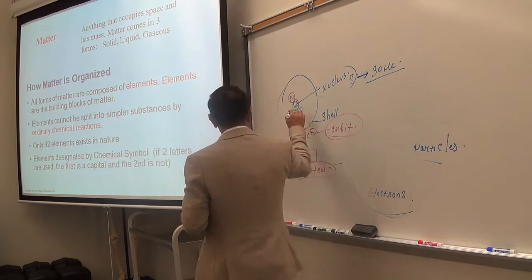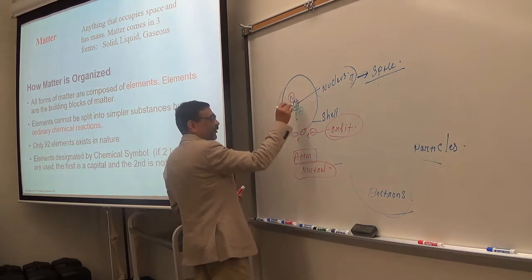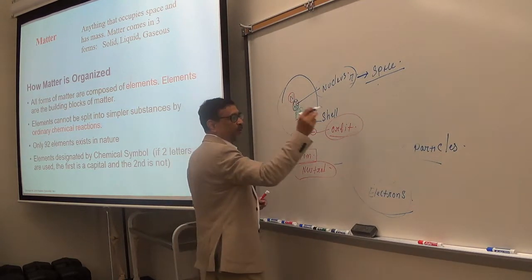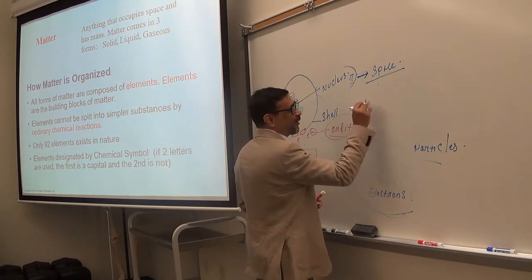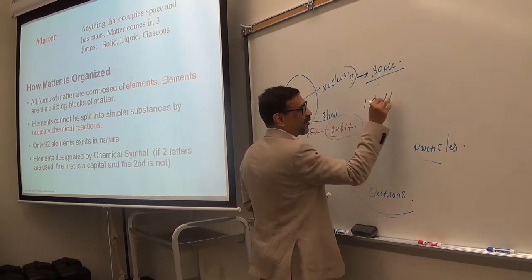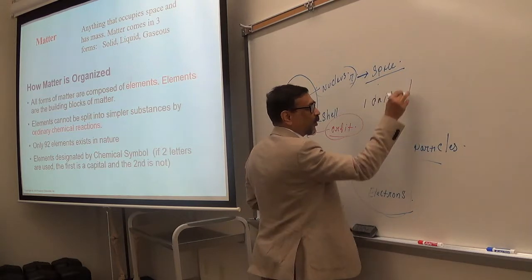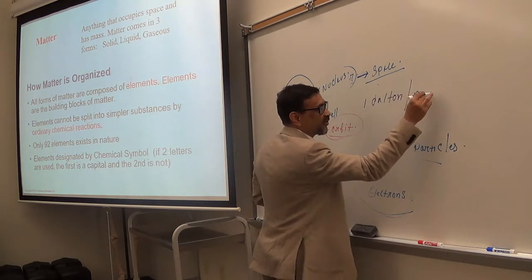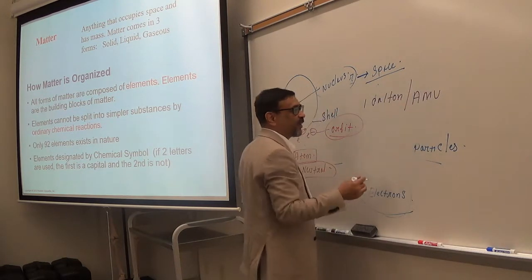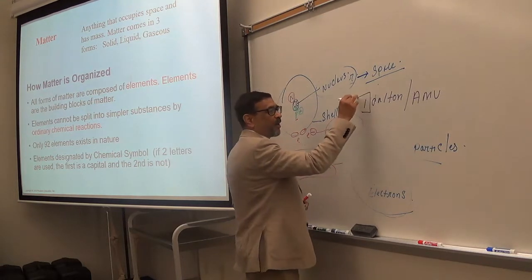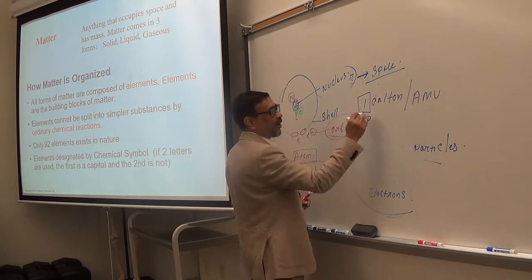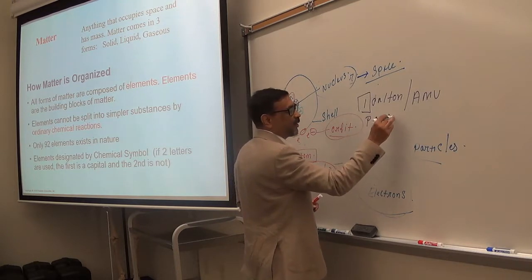Protons and neutrons, we can measure the weight. We consider one proton or one neutron as 1 dalton, also called atomic mass unit, AMU. That is the weight of one proton or one neutron.